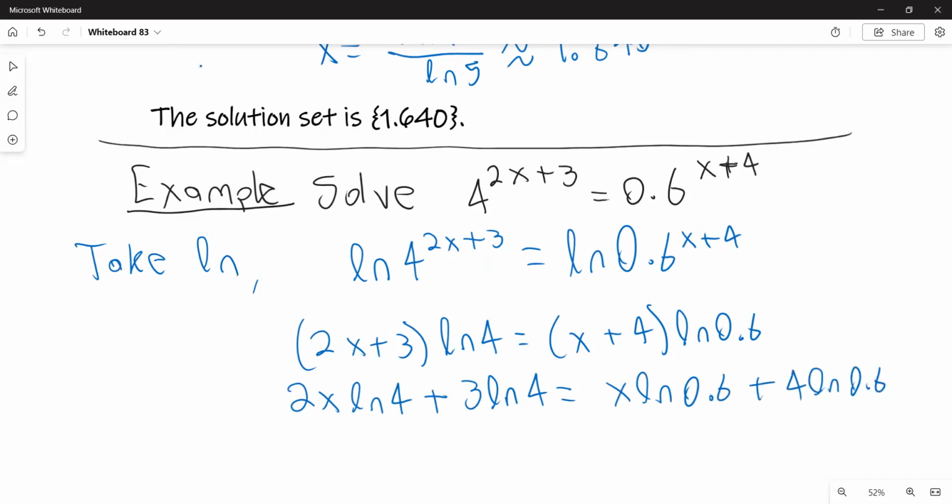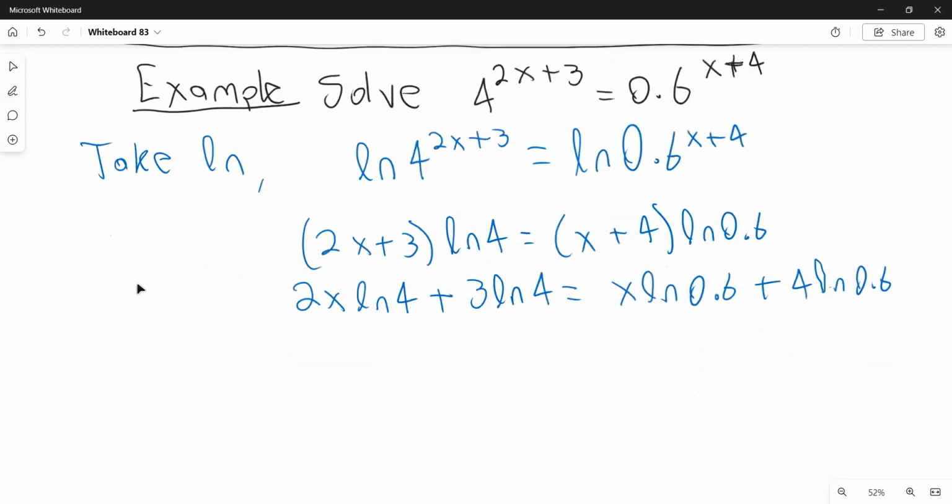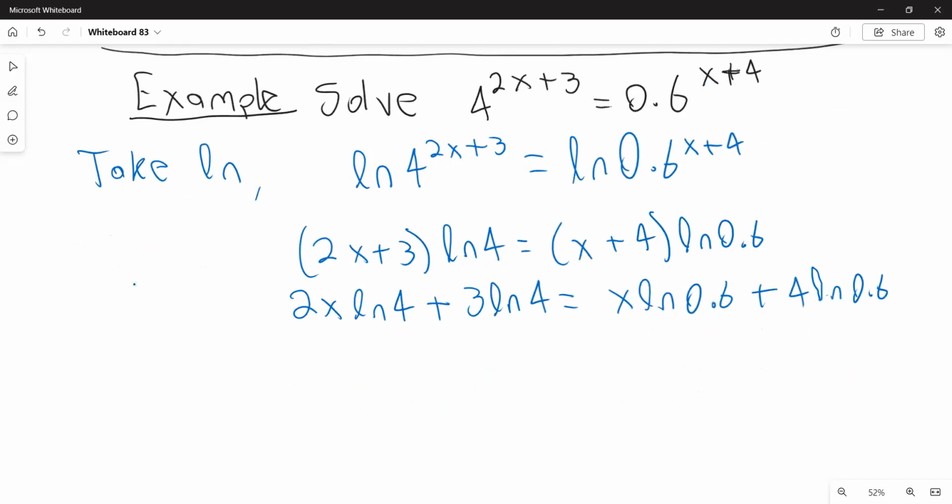We can solve this for x by writing the terms with x on one side and the constants on the other side. So let's write x natural logarithm of 0.6 on the other side, and the 3 natural logarithm of 4, we're going to bring to the other side with opposite sign.